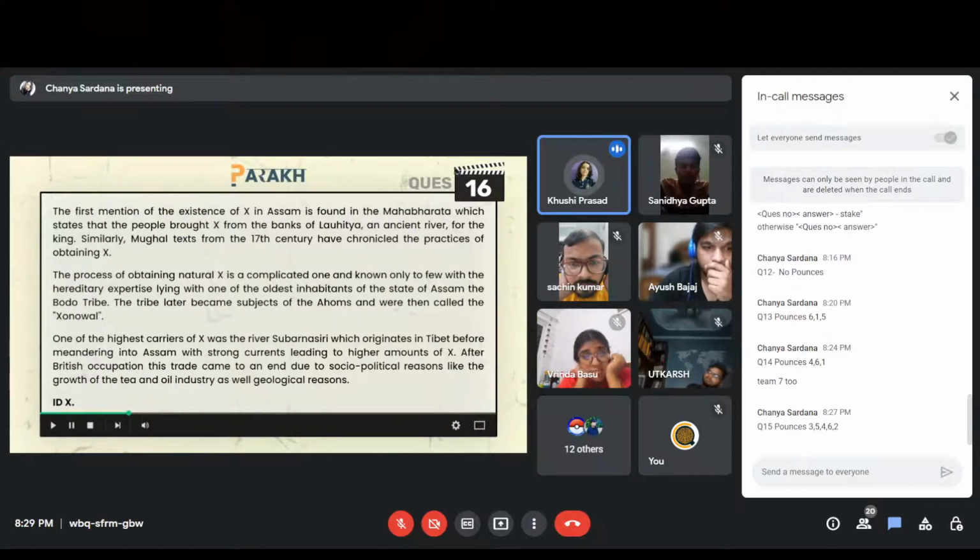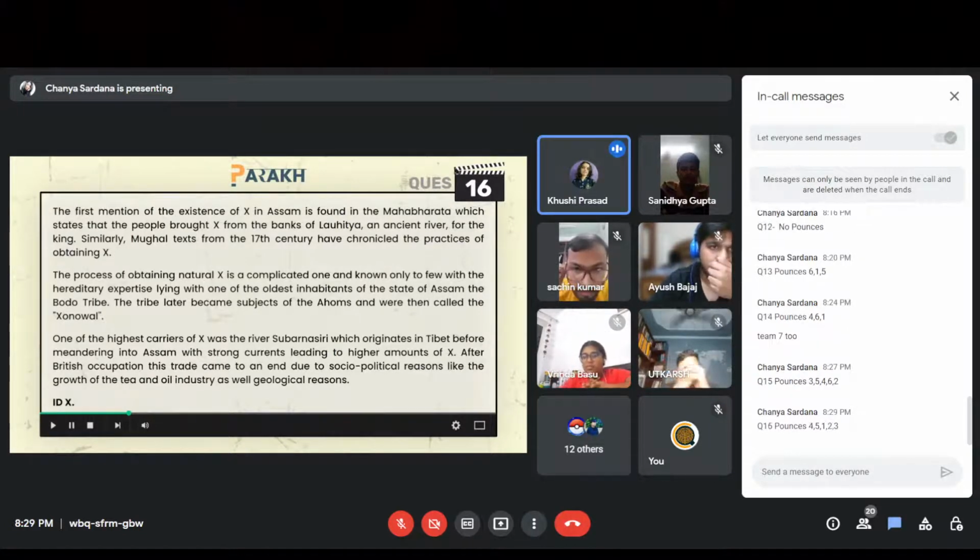So we have pounces from Team 4, Team 5 and 1. So we are closing the pounce window. Now, Team 2, Team 8.